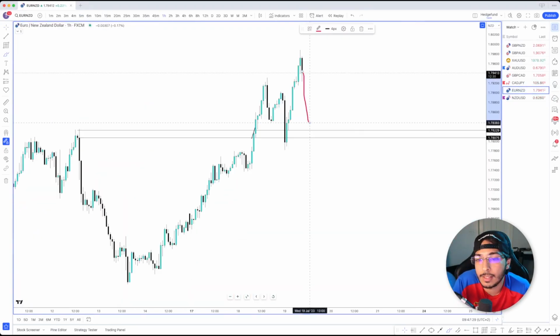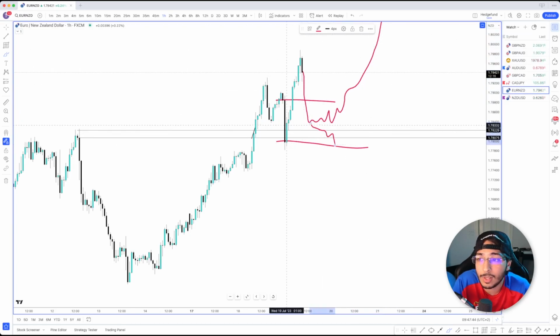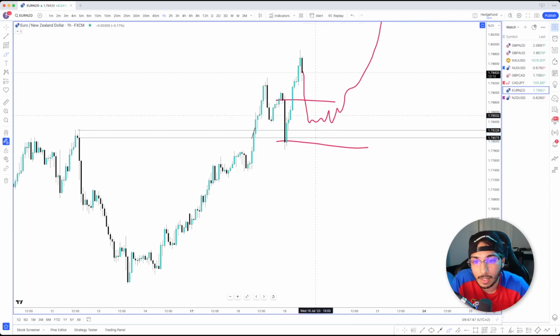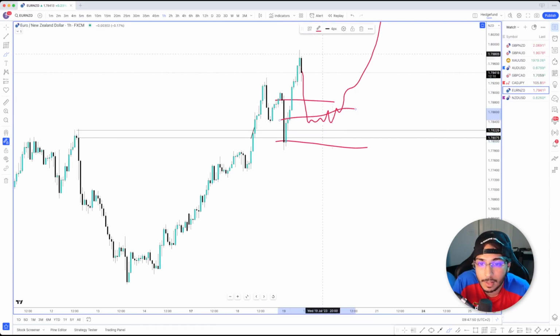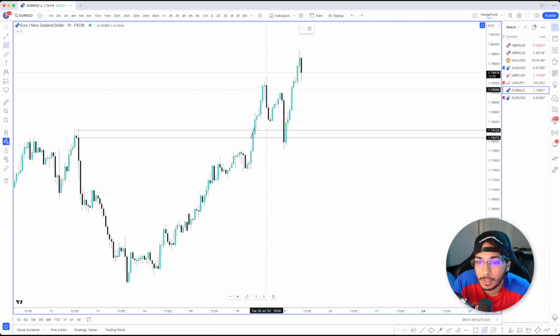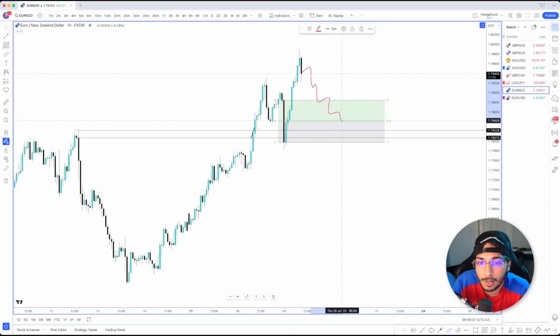Let's see. It's going to come here. It's either we hold this, we have some moves and we go up, or we don't get any lower time frame signs, because what can happen is we can come into the 50%. Here, let me make this prettier. Let's say we come down to the 50% of this candle. There's a few different things that can happen. Let's say on the lower time frame we're bearish, bearish, bearish, bearish. We come down here and there's never really a break of structure back up.